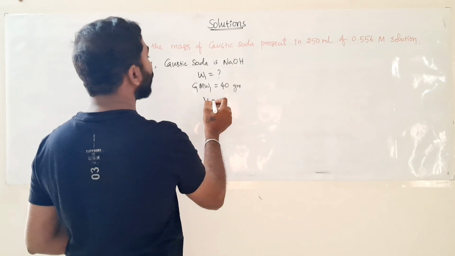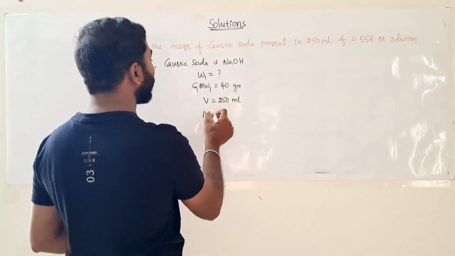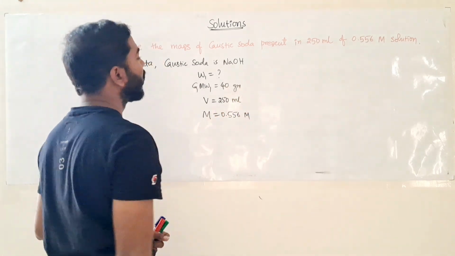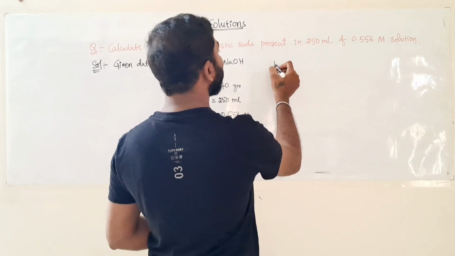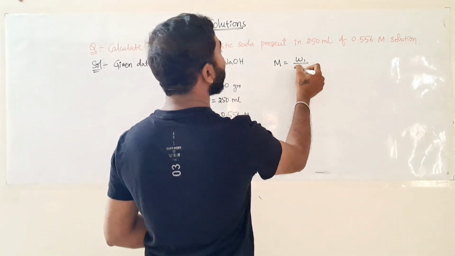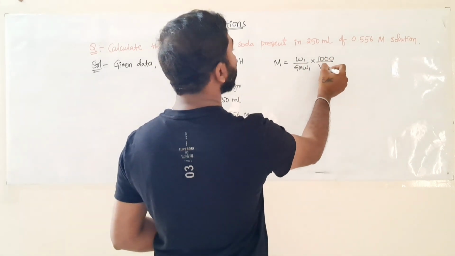The volume is given as 250 ml, and the molarity is 0.556 molar. Now what is the formula to solve this? Molarity is equal to weight by gram molecular weight into 1000 by volume in ml.